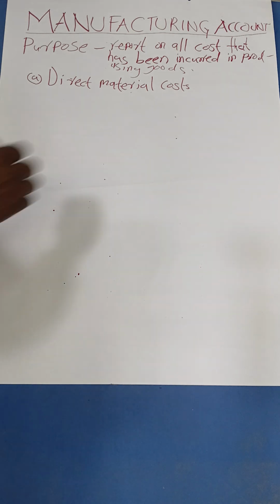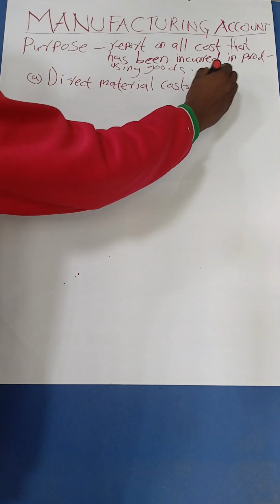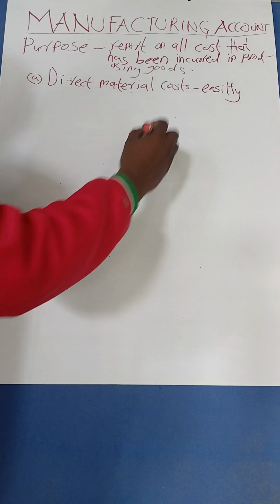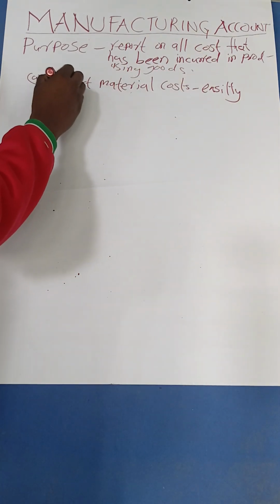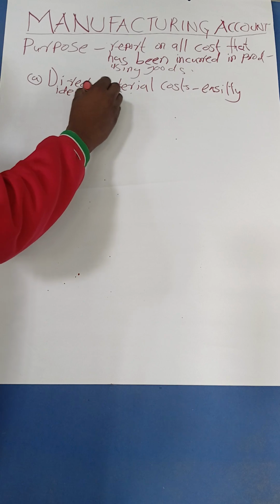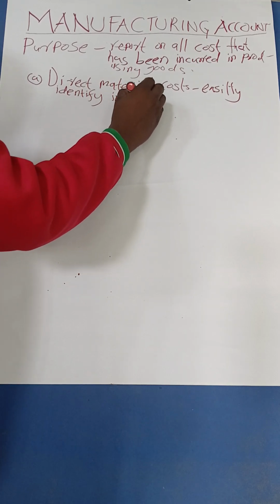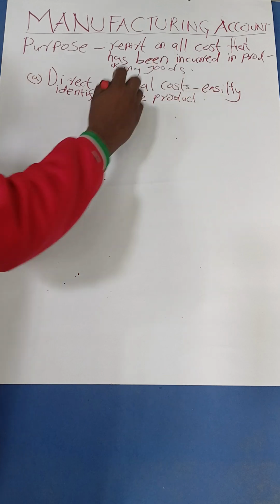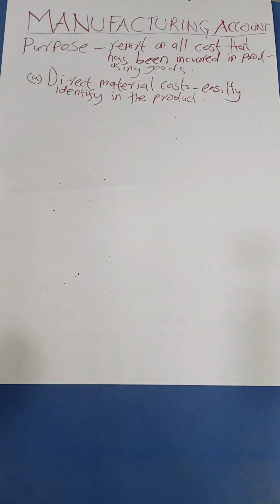So even in the material that is used in producing that commodity, the final product, we can easily tell this one costed this. That is the direct material cost.